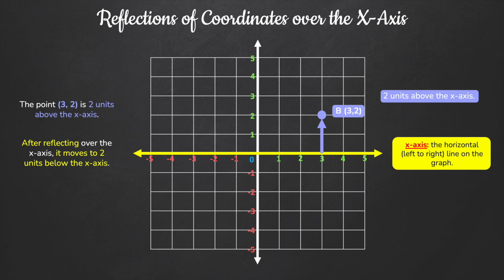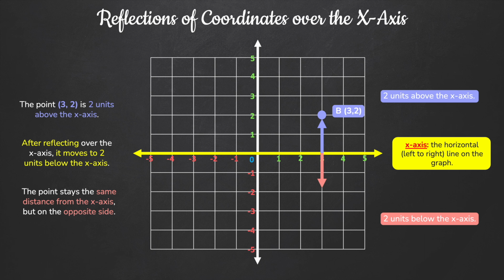After we reflect it over the x-axis, it's going to move 2 units below the x-axis because that is the opposite of 2 units above the x-axis. The point stays the same distance from the x-axis, but on the opposite side. So if we go 2 units below the x-axis, our new point is going to be at 3, negative 2.